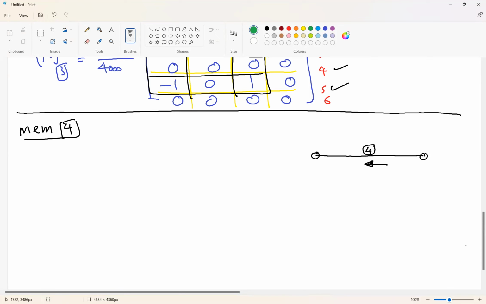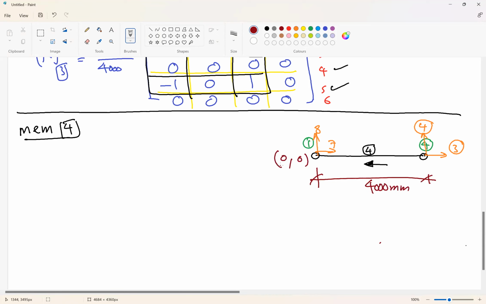This member starts with node 4 and ends at node 1. The movements we have are movement 7, movement 8, movement 3, movement 4. These two are unknowns. The length of this member is 4,000 millimeter. The coordinates are 4 and 0 and 0. So A will be 1500 millimeter square.